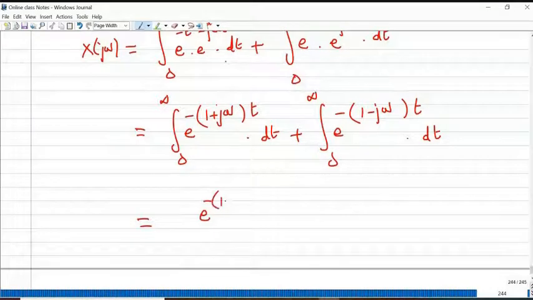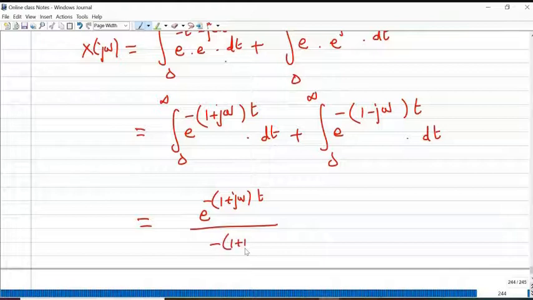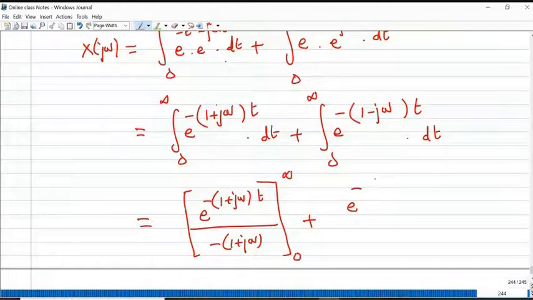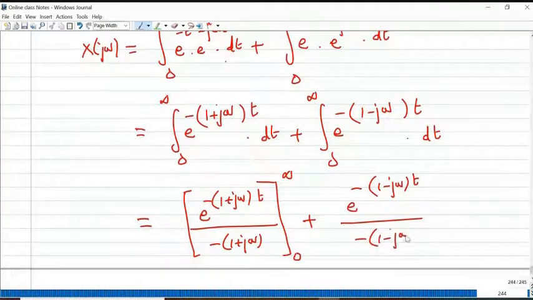So e power minus of 1 plus j omega t divided by minus of 1 plus j omega, plus e power minus of 1 minus j omega t divided by minus of 1 minus j omega.